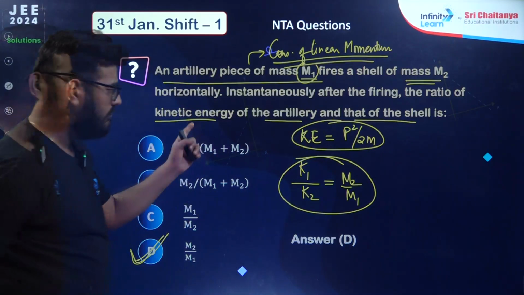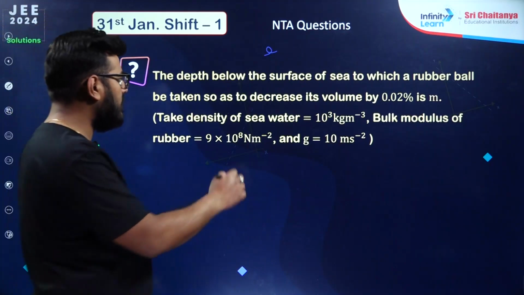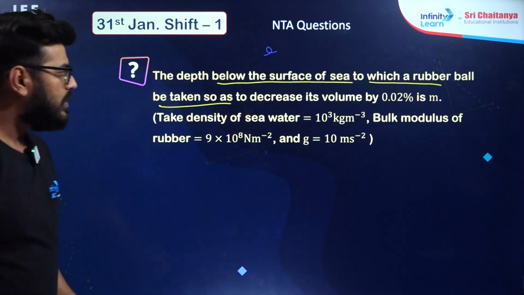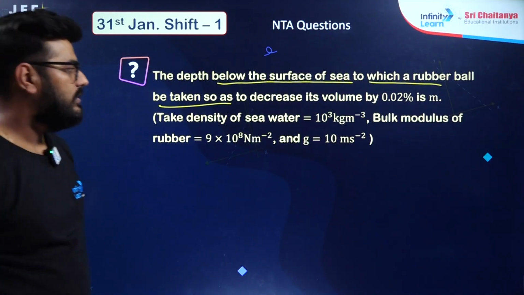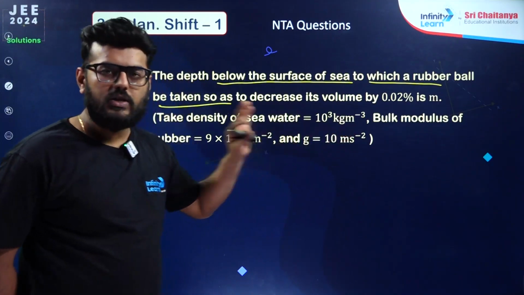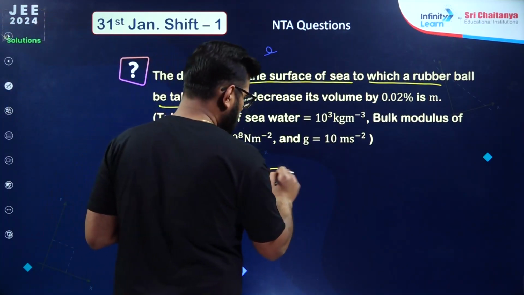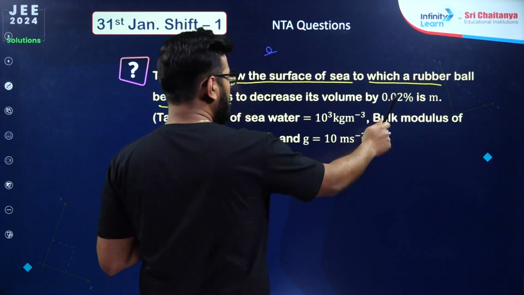Next, talking about the next scenario: the depth below the surface of sea to which a rubber ball be taken so as to decrease its volume by 0.02%. So basically, this question is of mechanical properties of solids, and the formula over here will be B is equal to minus of P delta V upon V. So delta V upon V they have given.